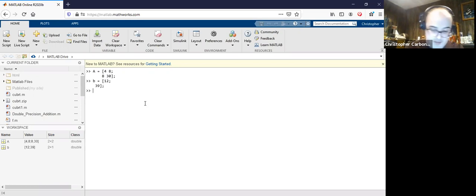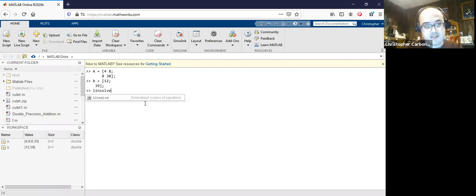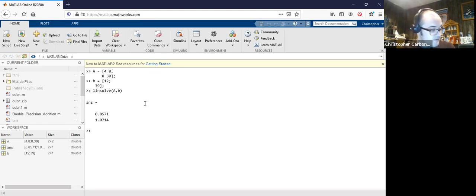In order to solve this, I'm going to use the linsolve method, which will solve a linear system of equations. Parentheses, our matrix, which is A, and our vector B. That's it. No semicolon this time. So when we do that, we obtain these two answers of 0.8571 and 1.0714.